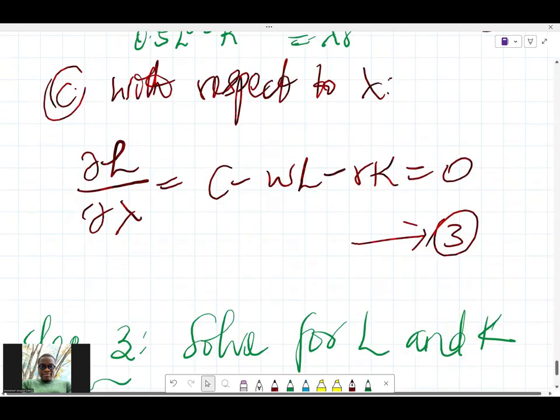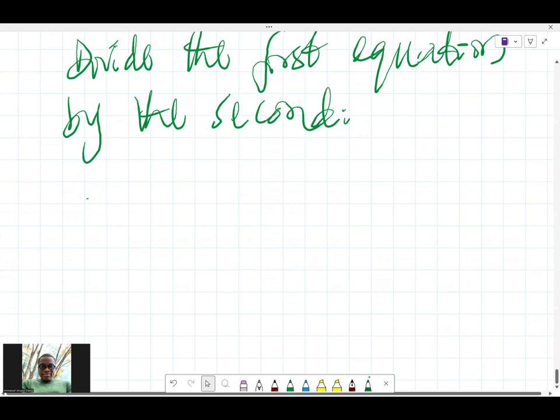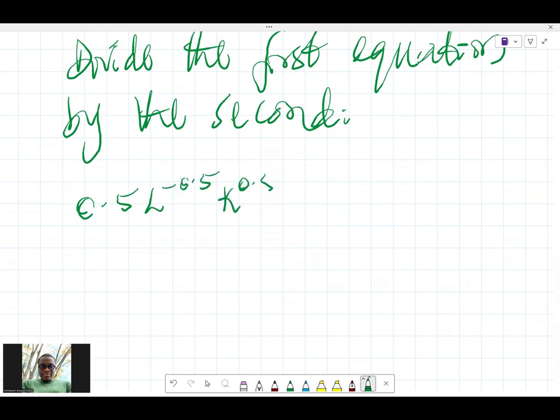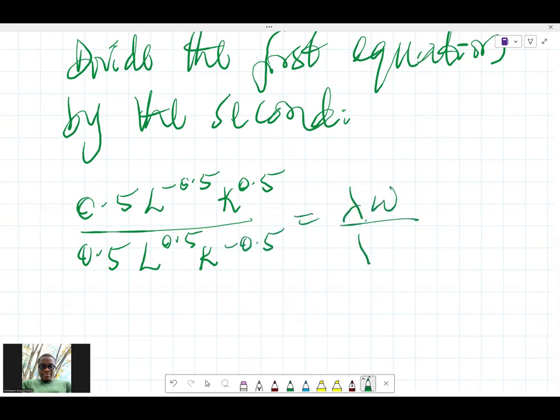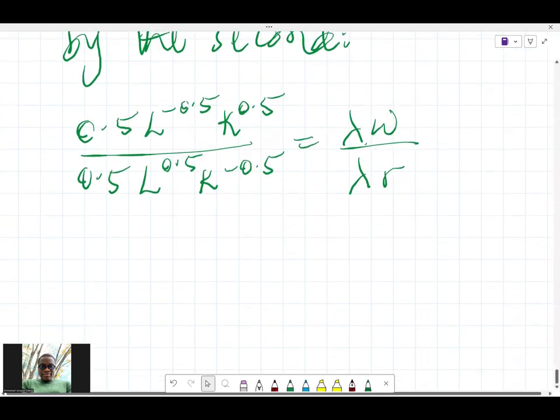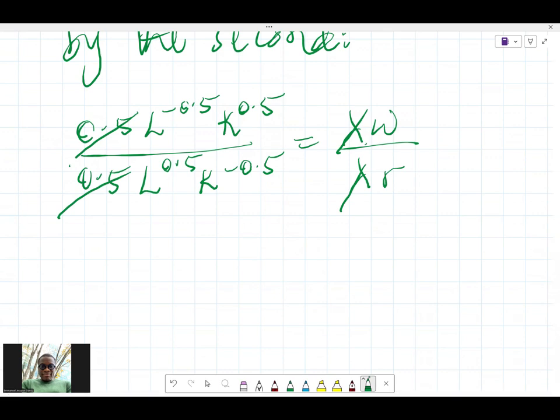So if you divide the first by the second, we have 0.5 L raised to minus 0.5 K raised to 0.5, all over 0.5 L raised to 0.5 K raised to minus 0.5, is equal to lambda W over lambda R basically. So you see this cancels out. What else cancels out? 0.5 cancels out. And I can tidy up the rest of this, right?